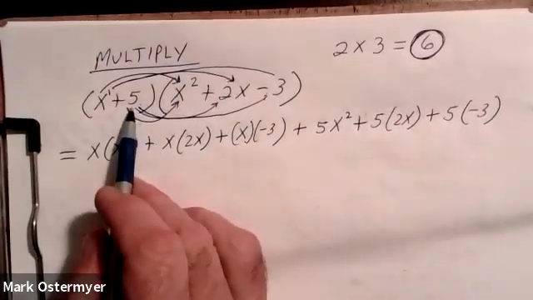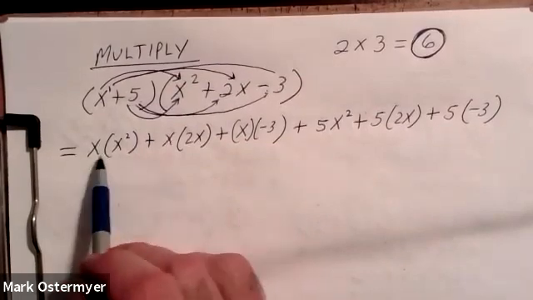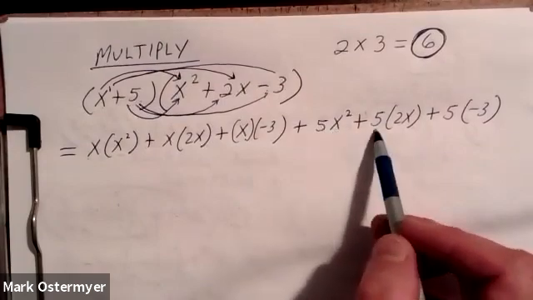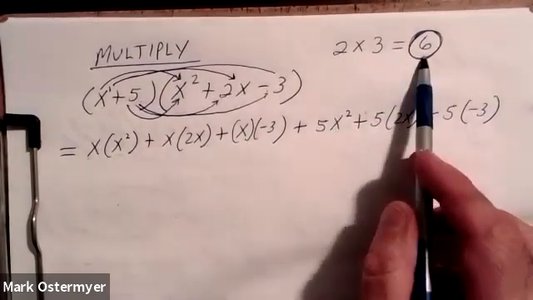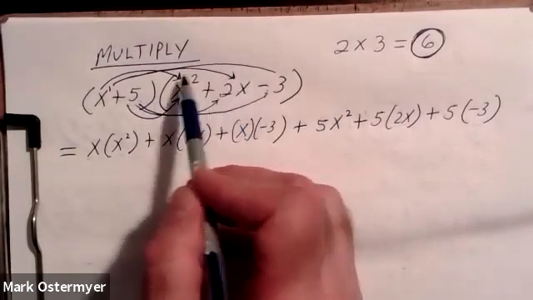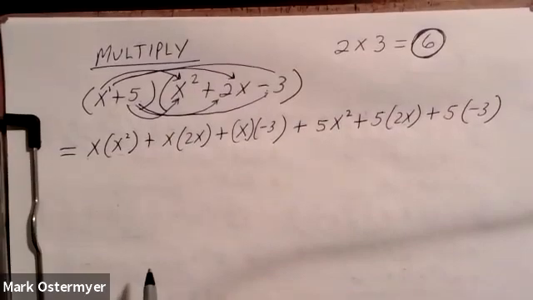I've exhausted all the products with the second term of my binomial. Ladies and gentlemen, do I have 6 products? 1, 2, 3, 4, 5, 6 products as predicted. Do I see 6 arrows? 1, 2, 3, 4, 5, 6 arrows. We're good. We covered all the bases.